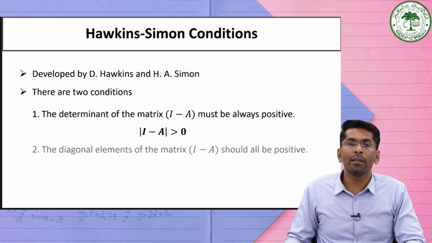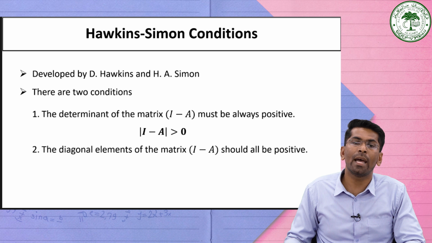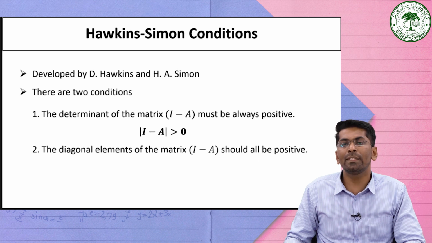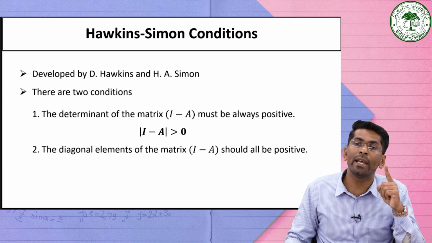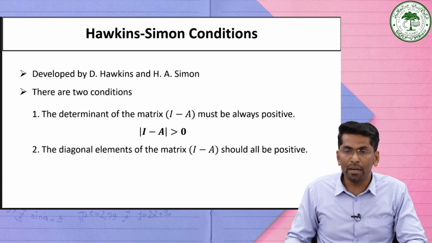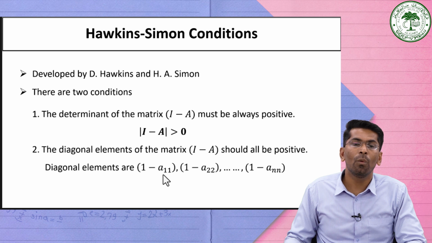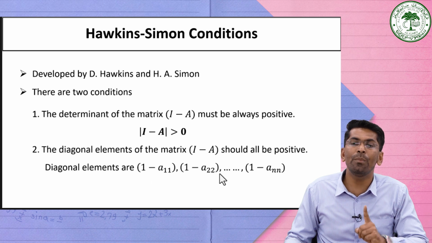The second condition is that the diagonal elements of the matrix I minus A should all be positive, greater than 0. The diagonal elements here will be 1 minus A11, 1 minus A22, up to 1 minus Ann. These must be positive.